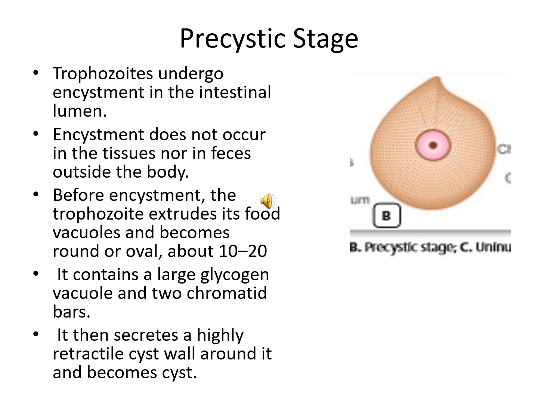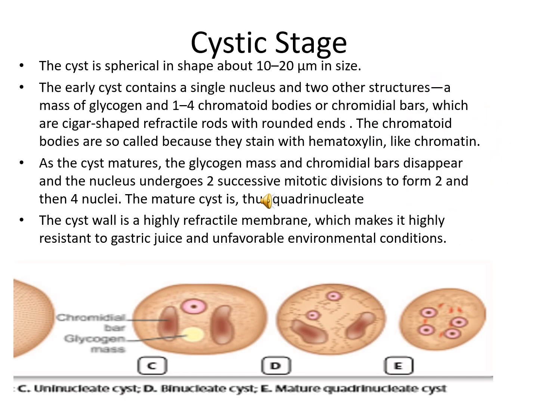This precyst secretes a highly refractile cyst wall around it and forms a cyst. Next is the cystic stage, that is, the maturation of the precyst to a cyst.